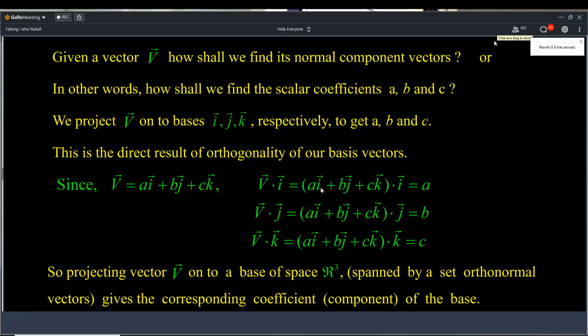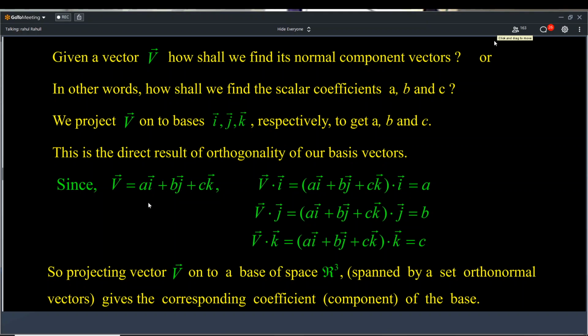The inner product of i and i is 1, the inner product of j and i is 0, and the inner product of k and i is 0. That's why the b and c terms become 0, and since i has norm 1, that is the dot product of i with i is 1, simply a remains.